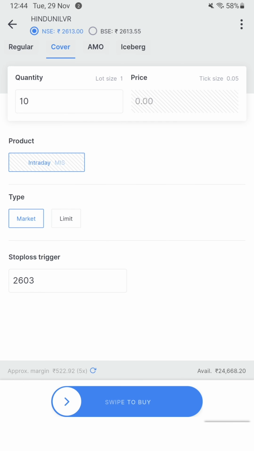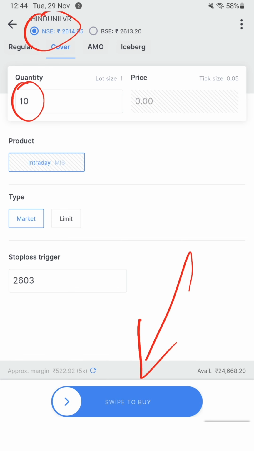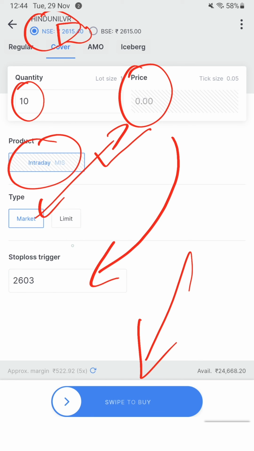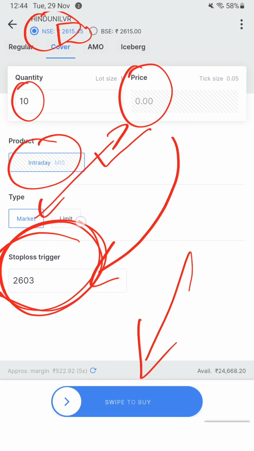So here is what is going to happen when I swipe to buy. First, 10 quantities of Hindustan Unilever will be bought for intraday at market price. Market price currently is 2615. And a second trade of stop loss would be immediately placed: if the market starts dropping and reaches 2603, then my position would be closed.